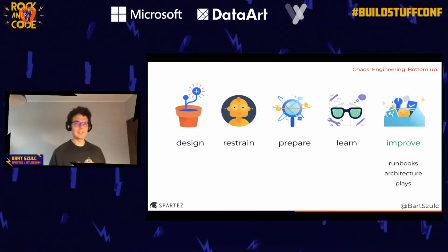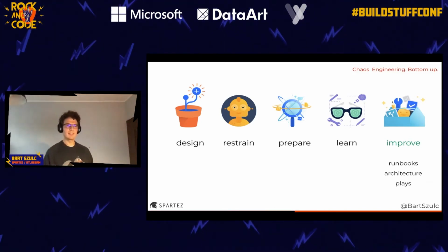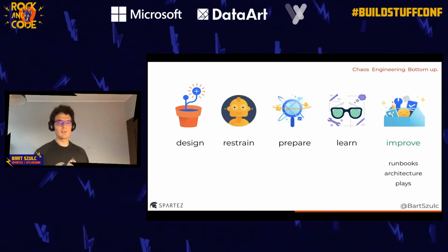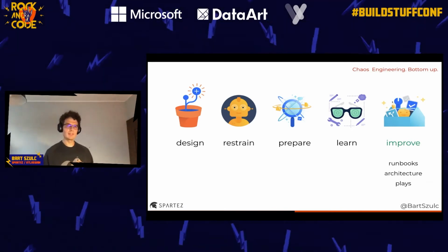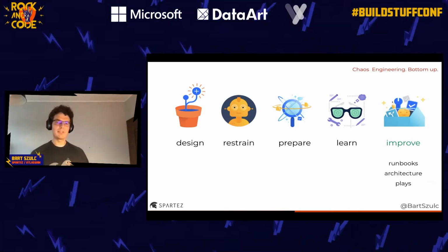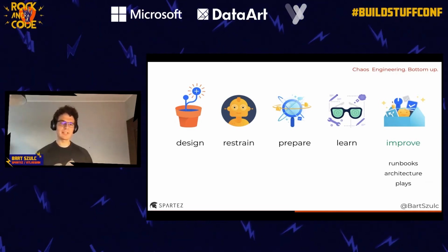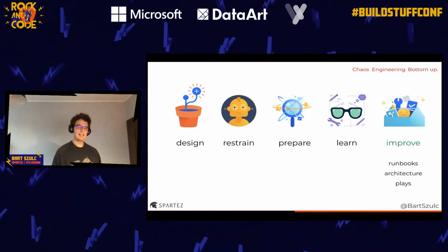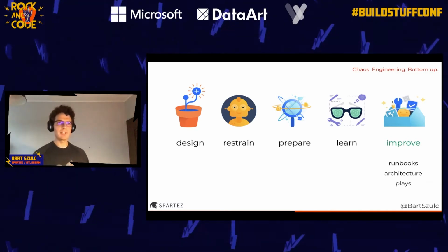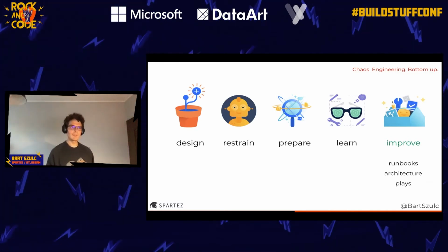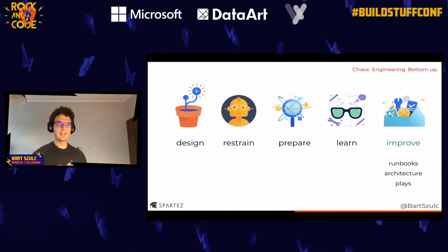The last but not least phase in our case is the improve. So we run the experiments, either they've proven that the hypothesis that we had was correct or not, and now we can address some action items based on the learnings.